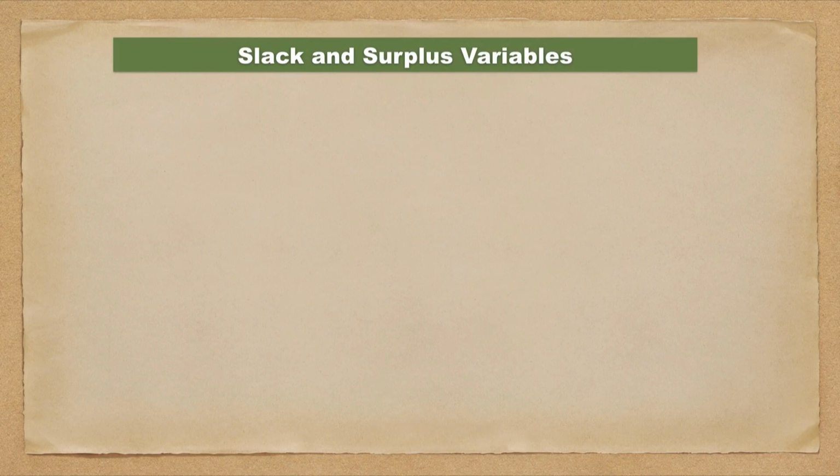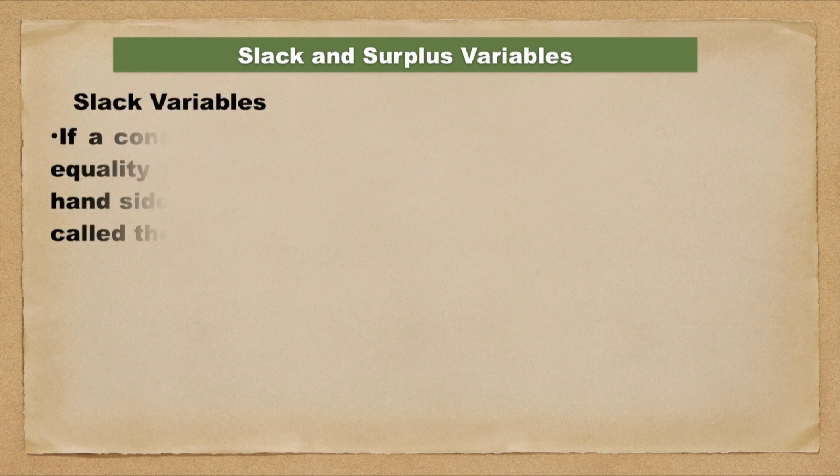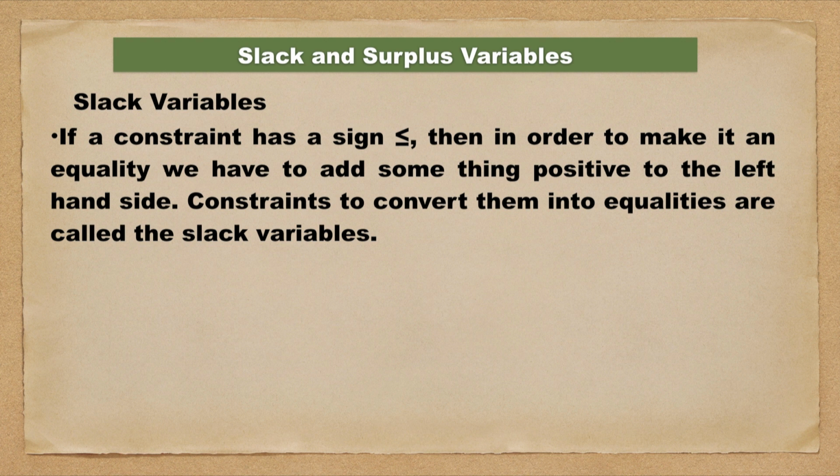Now, I am coming to the slack and surplus variables, which are necessary in the simplex method. Slack variable: if a constraint has a less than or equal to sign, then the variable which is added to the less than constraint in order to make it an equation is called the slack variable. So, the slack variable is used to convert the less than or equal to constraint into an equation.